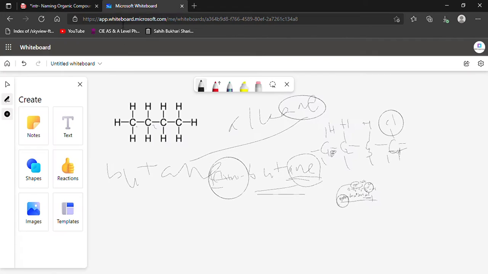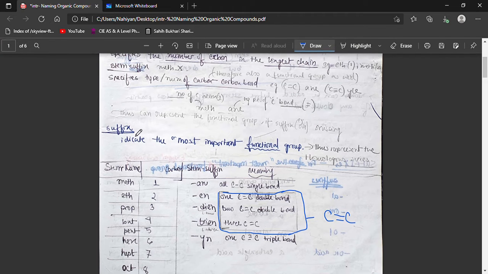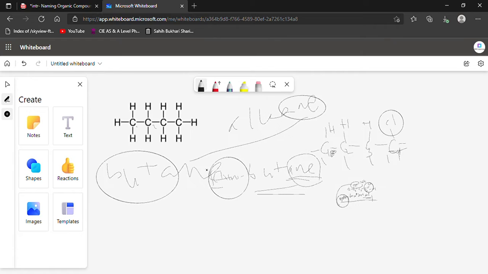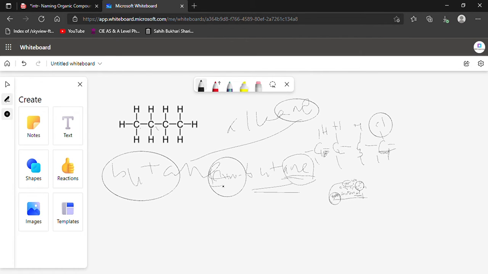So this part, but, was the stem, and the last part, the suffix, is the functional group. So this could be butane, and if you had an OH over here instead of H, this would be an alcohol.